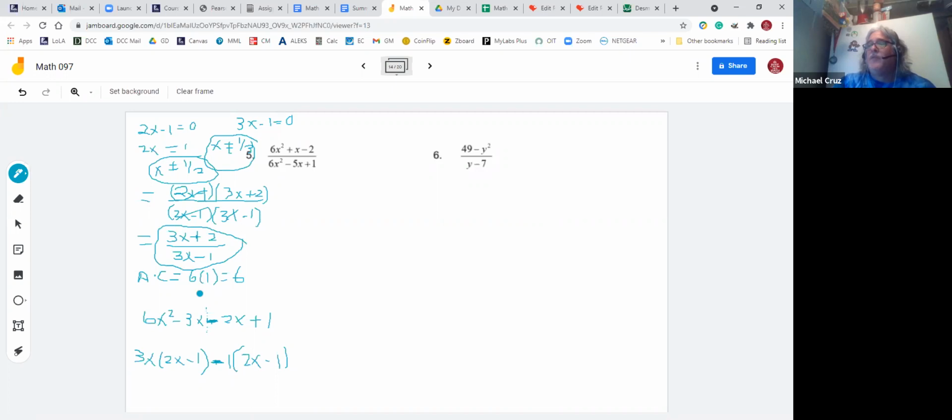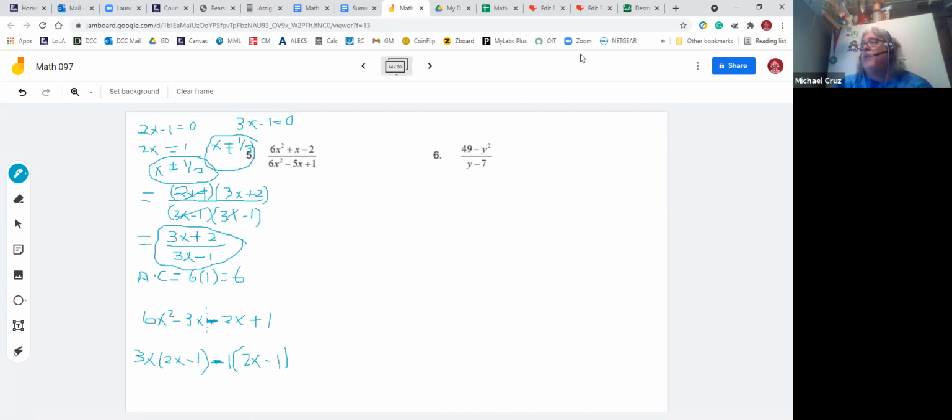So there's the simplified. Now, on this number 6, we did one like this in factoring, and I think it was written backwards. In other words, the x squared was last and the x squared term was negative. And I had mentioned to you that if you factor out a -1, it makes it kind of normal.